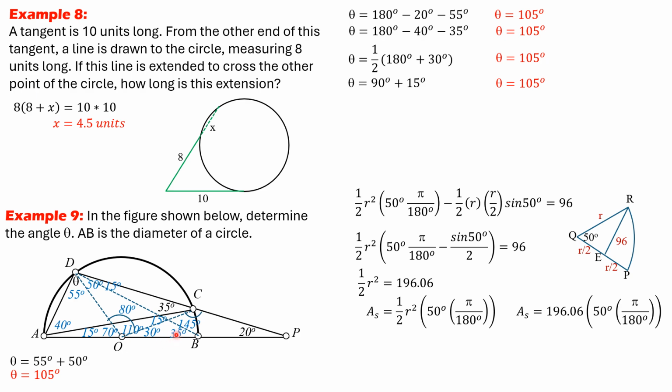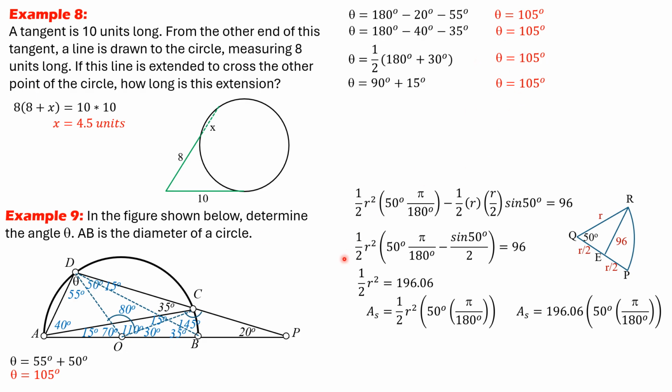This is 35 degrees. This is also 35 degrees because 50 minus 15 is 35 degrees. Again, this is an isosceles triangle. That's why that should also be 35 degrees. So this theta here is half the measure of 180 degrees plus 30, 210 degrees. The central angle subtending CB, then the semicircular arc, 180 plus 30 is 210, divided by 2, that's theta, 105 degrees.